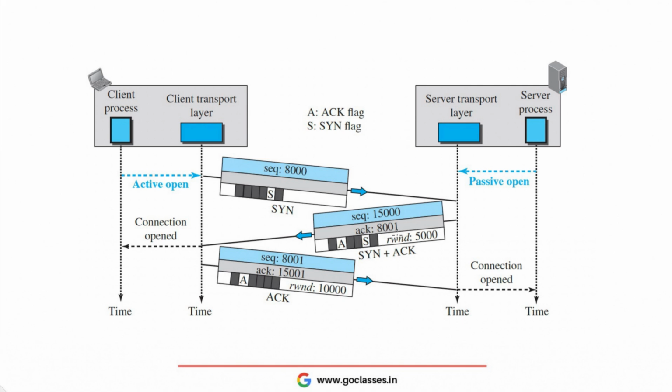So I am expecting the next byte to be 8001. That is particularly clear, right? Now it also means that if I am expecting something, then this is my window size, which means you should send something that starts with 8001, but you should not exceed this window size. This window size only makes sense whenever the ACK is 1. This should be clear to everyone.